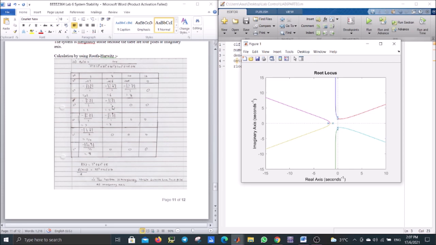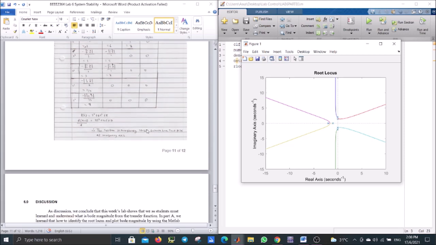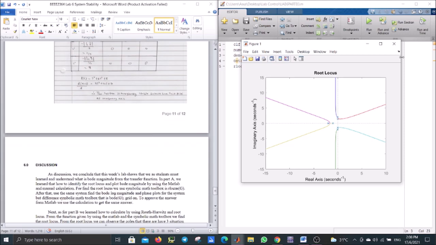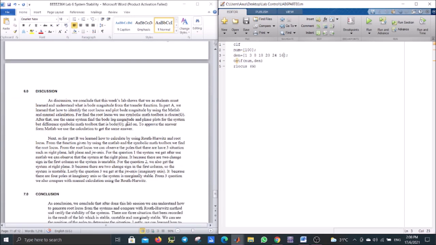As you can see, it is all positive, the poles, and to verify that the system is marginally stable because there are poles on the imaginary axis. Alright, that's all for part A and part B for lab 6.